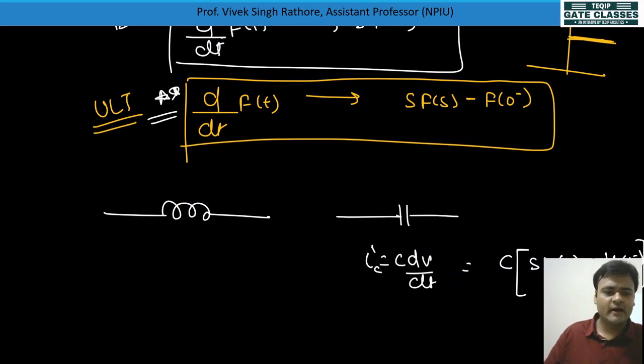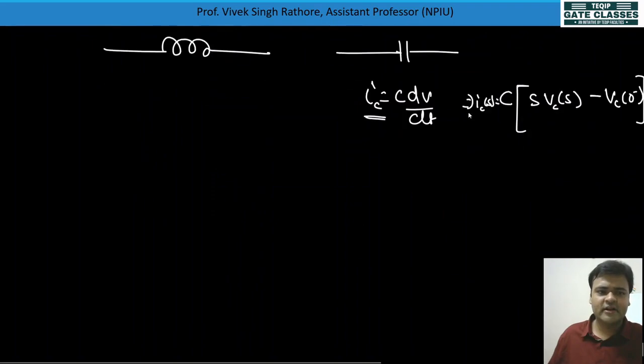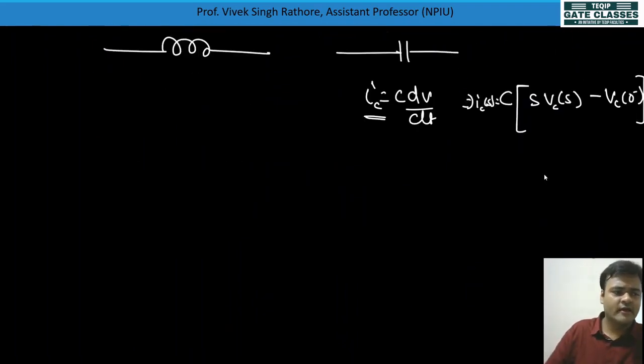So the capacitor current I_C(s) can be written like this, meaning the capacitor current in the s domain. Similarly, as you know, the voltage across the inductor will be L di by dt, where i is the inductor current.